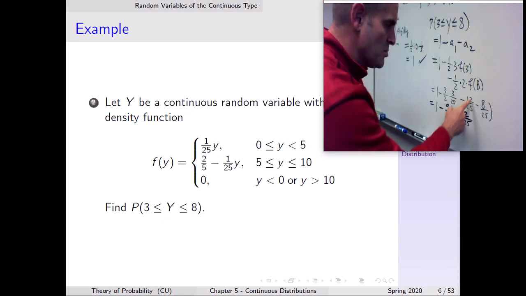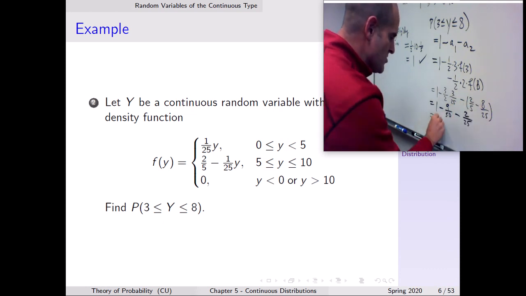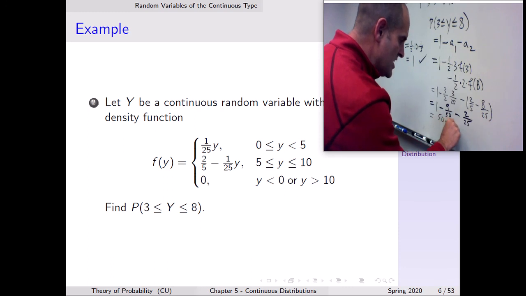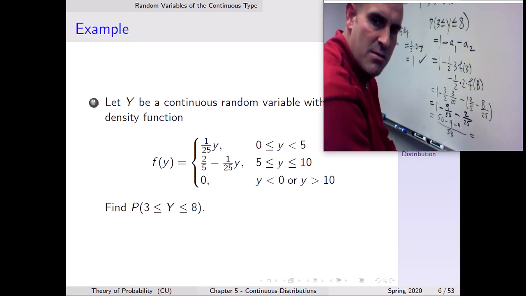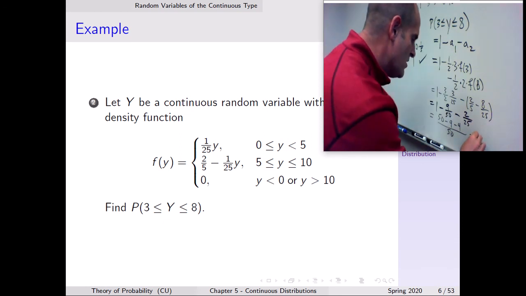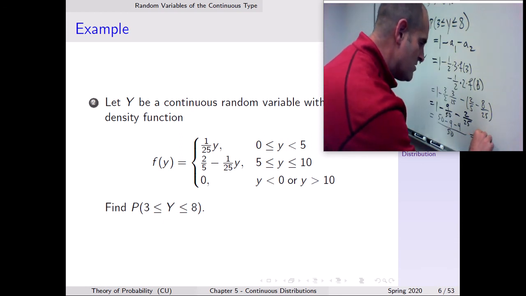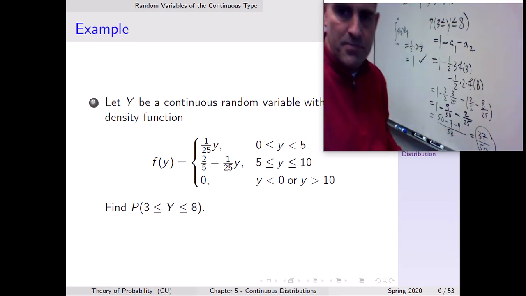So it's going to be 50 minus 9 minus, multiply this by 2, 4 over 50, sorry. 50 minus 9 minus 4: 9 plus 4 is 13, so it's 37 over 50. That's what the probability is.